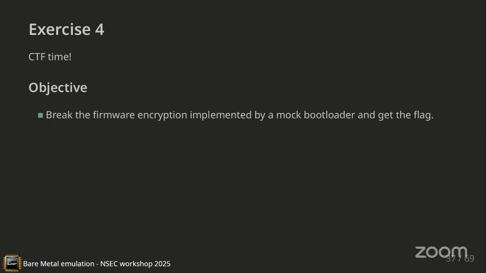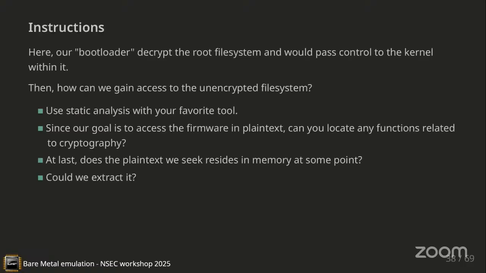Some will use vaults like trusted execution environments. Some will use trusted platform modules and things like that. But some others will just use a hard-coded key in the bootloader code. So that will be our case.